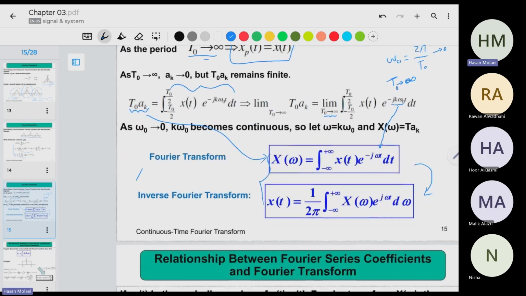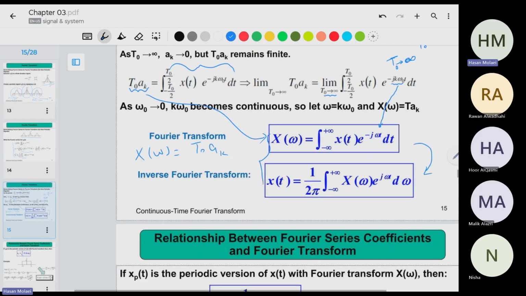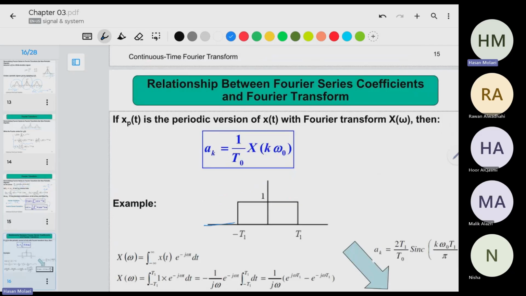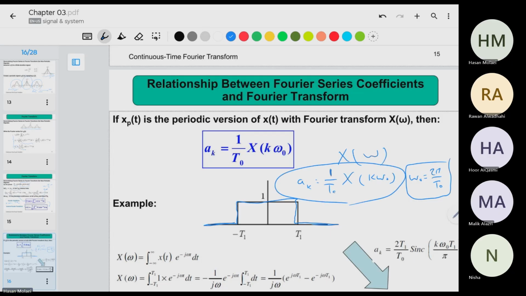Okay, I know here X(omega) is T0 a_k. So if I have a periodic signal, if I have this signal and I want to make it periodic, I can easily find its Fourier transform and change omega to k omega 0, where omega 0 is 2 pi over T0, depending on the frequency at which you are trying to make it periodic, and one coefficient which is the fundamental period.